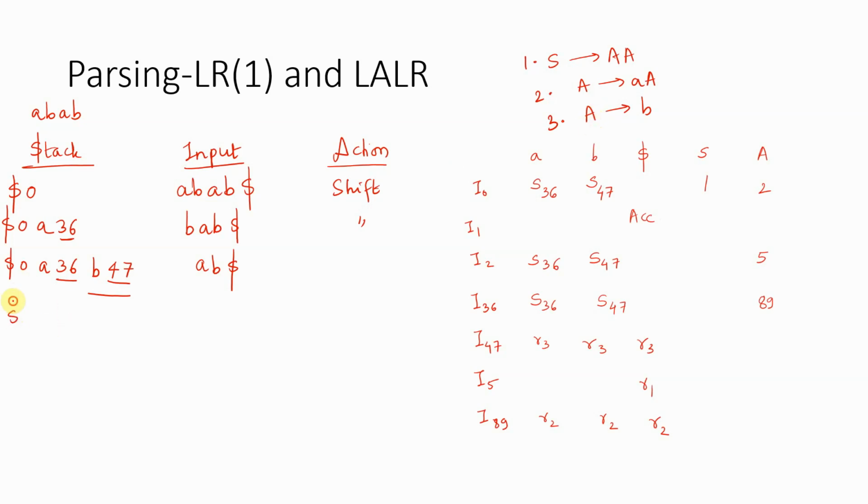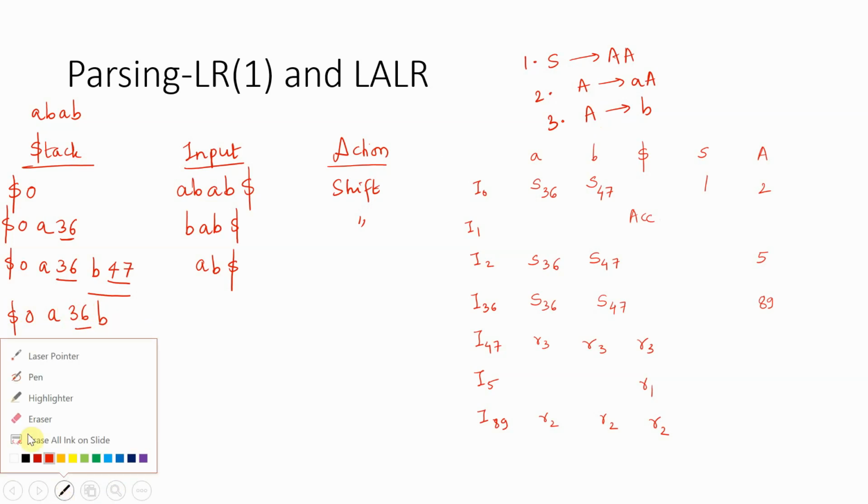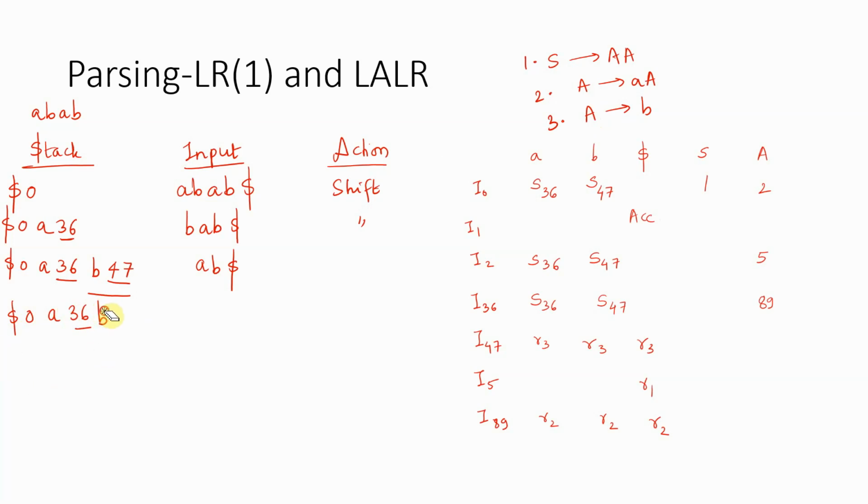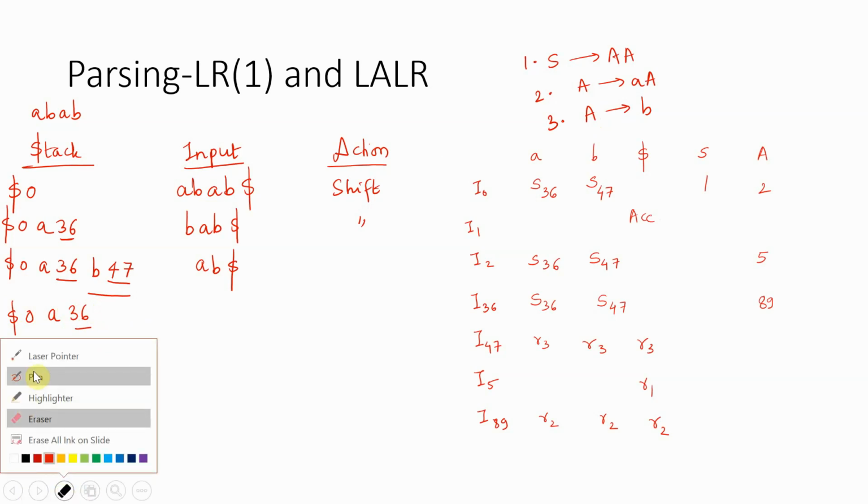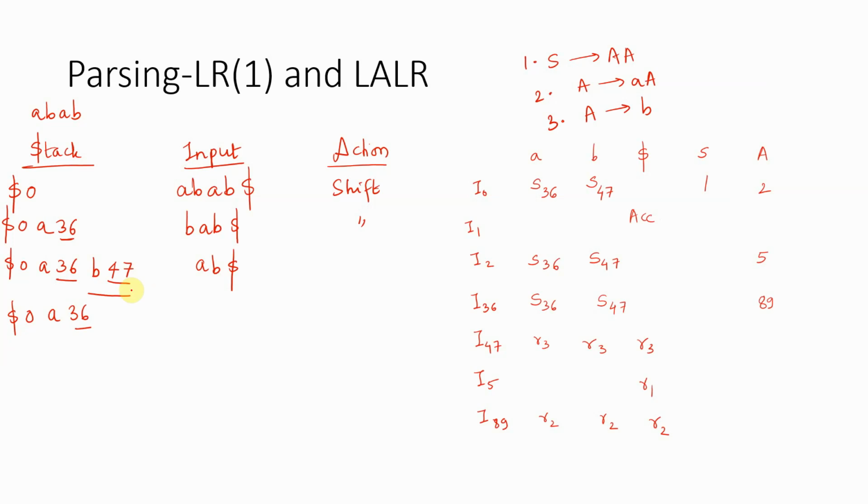Okay, so you will get $0A 36 B, so B and 47 are removed and place A here. Okay, once you place A, check for the entry of 36 on capital A. 36 on capital A gives you 89. So write that 89 here. Write the remaining input as it is.